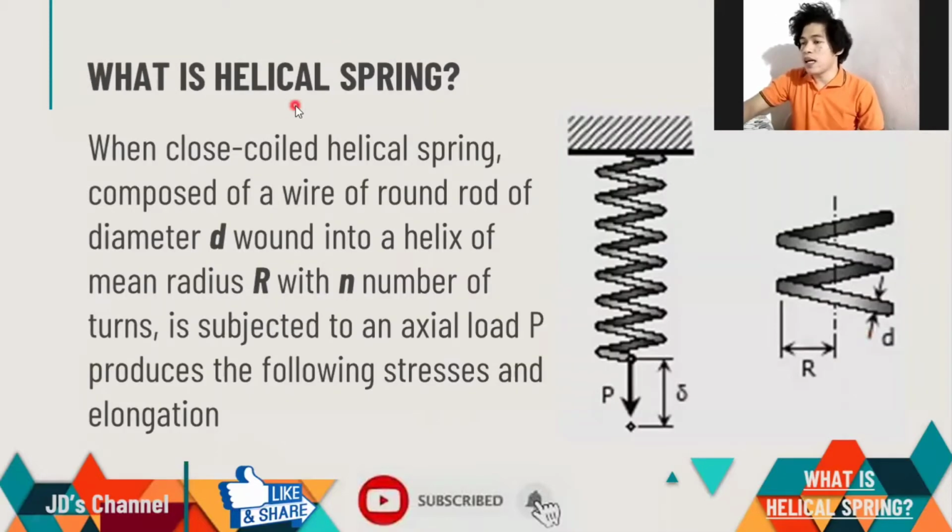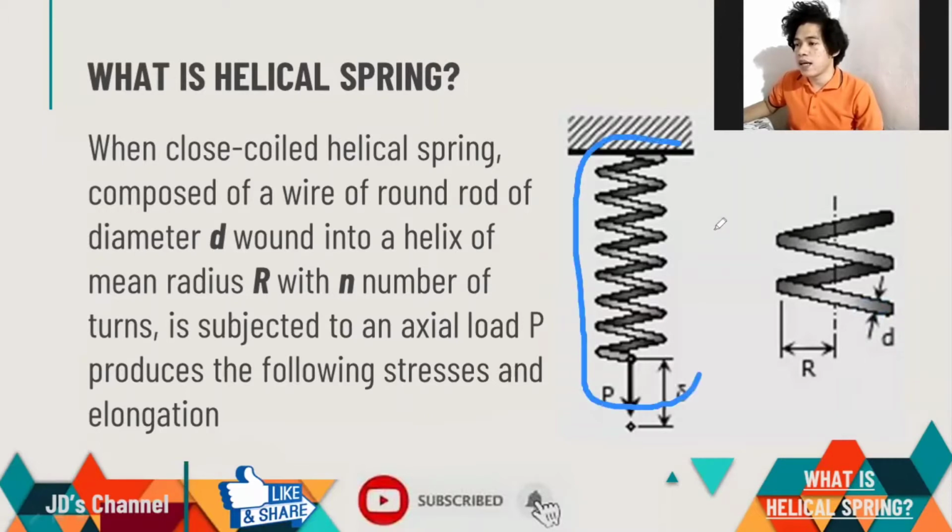Siya ay round rod. Meron tayong diameter dyan, and wound into a helix. So ayan, yung ating helix. Okay, so yun yung sinasabi natin helix, of mean radius R. Ayan, so yung radius ng mismong helix natin, which is we use capital R, and N is the number of turns.